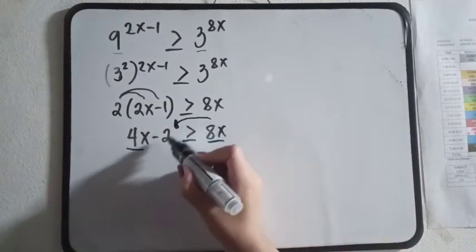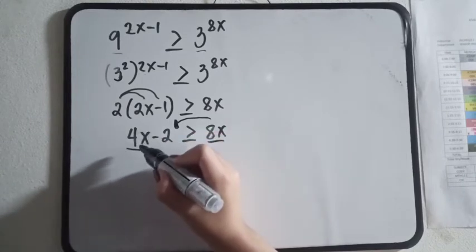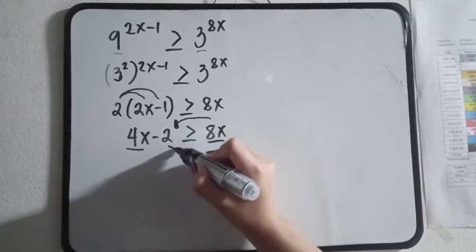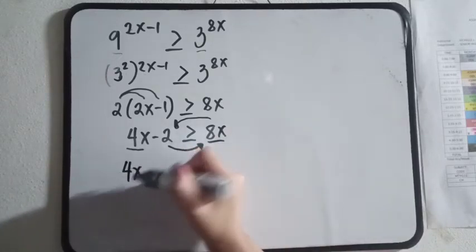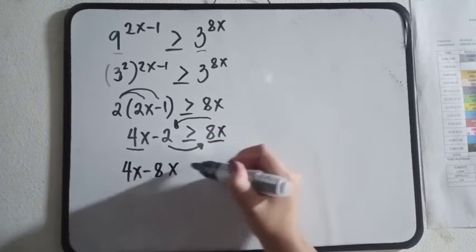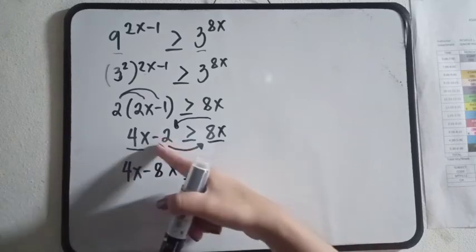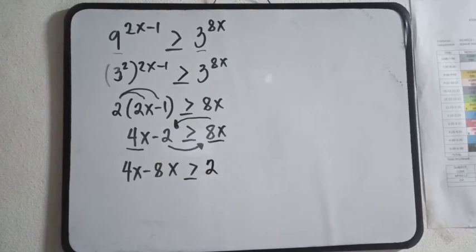Then si negative 2, since wala siyang variable, hindi mo po siya pwedeng isama dito kay 4x pati kay 8x. So ang gagawin natin, lipat natin siya dito. Okay, so 4x, si 8x from positive magiging negative, greater than or equal to, from negative 2 magiging positive 2.